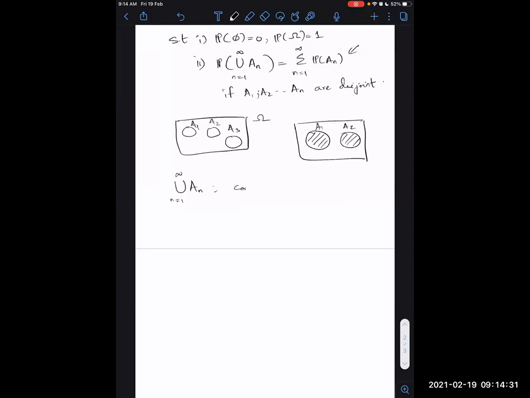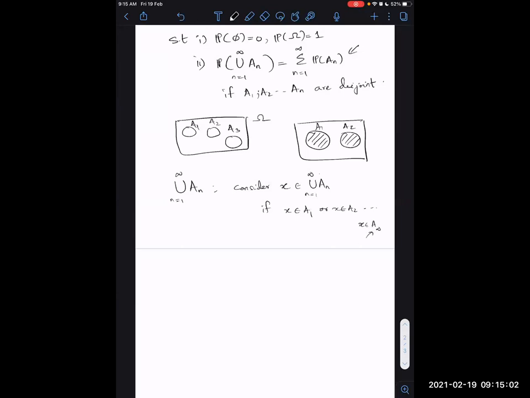So consider some arbitrary element x. x should be part of this union, n equal to 1 to infinity, if x is an element of A1 or x is an element of A2 or any of these sets, A whatever, infinity.